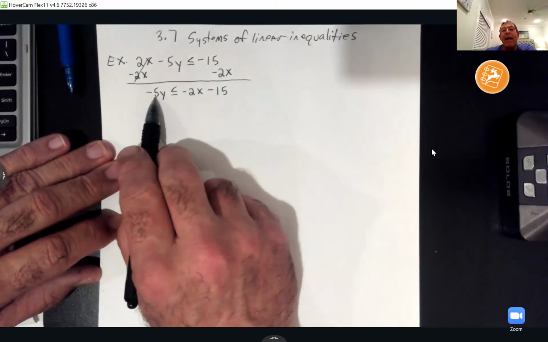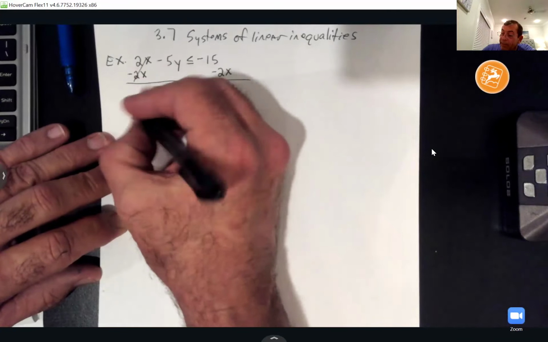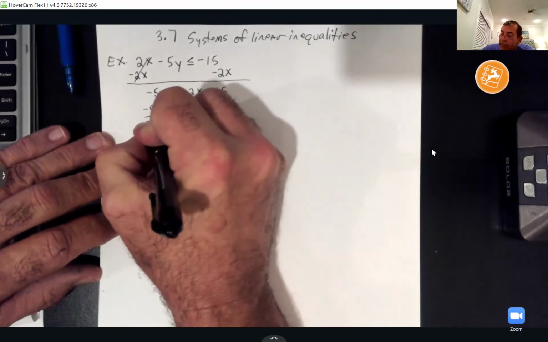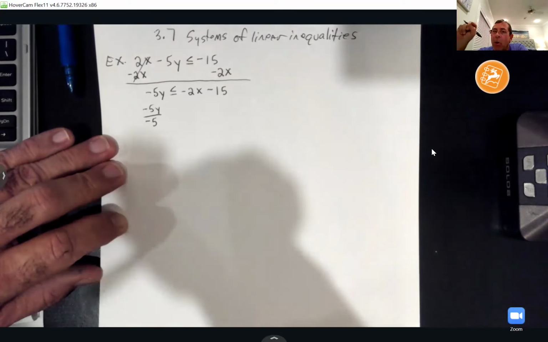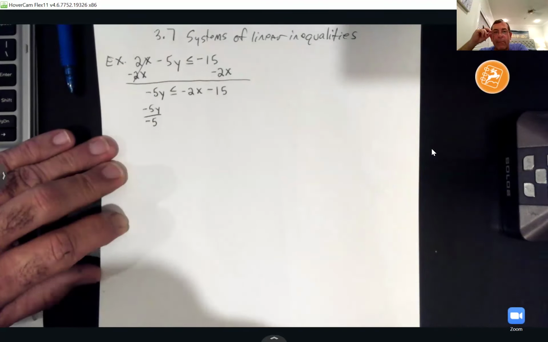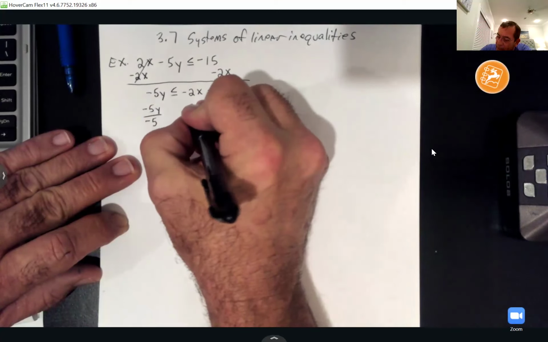Because remember, -5 divided by -5, that's going to give me a 1y right there, okay? Y'all, remember one thing, though. I'm doing an inequality here, right? I got a less than or equals. I'm dividing by a negative number. So what's that mean?